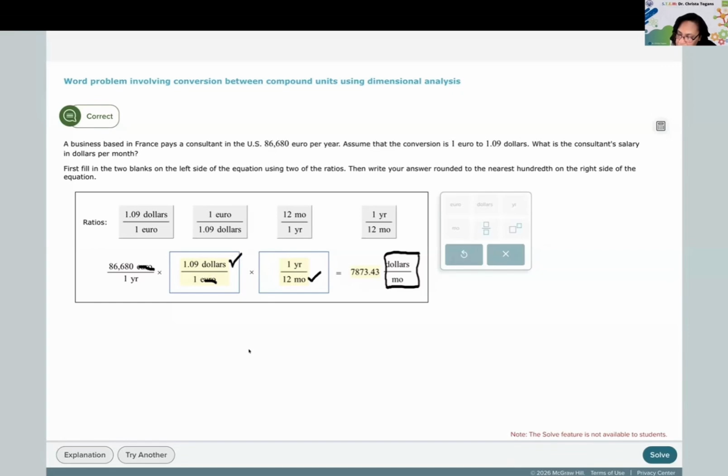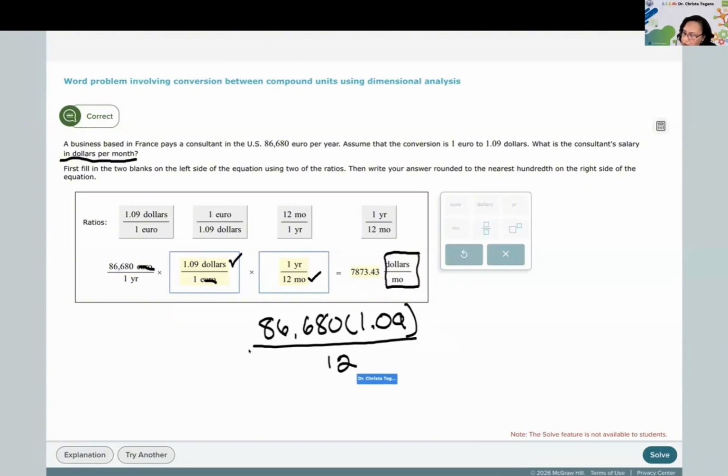They're asking for dollars per month. And then times 1.09, and then I just divide that by 12. And I end up with $7,873.43.